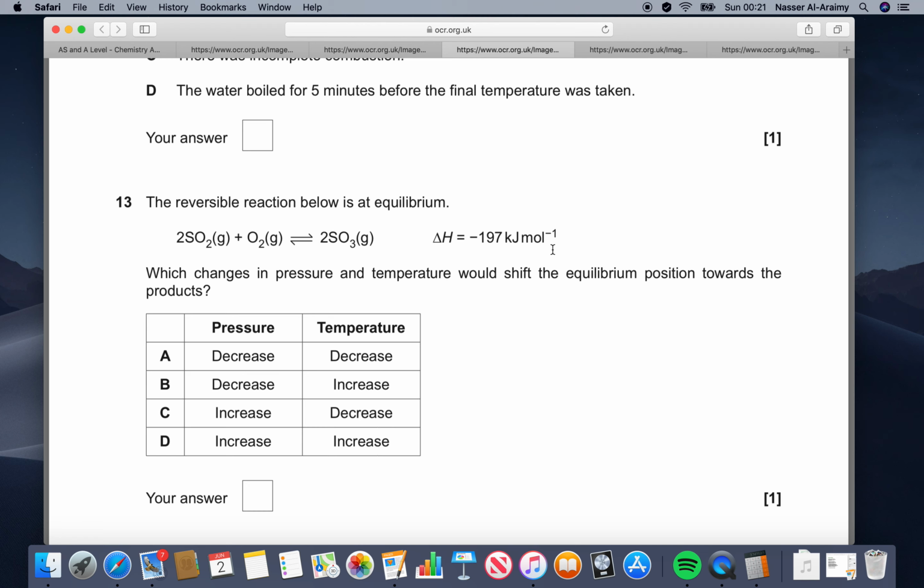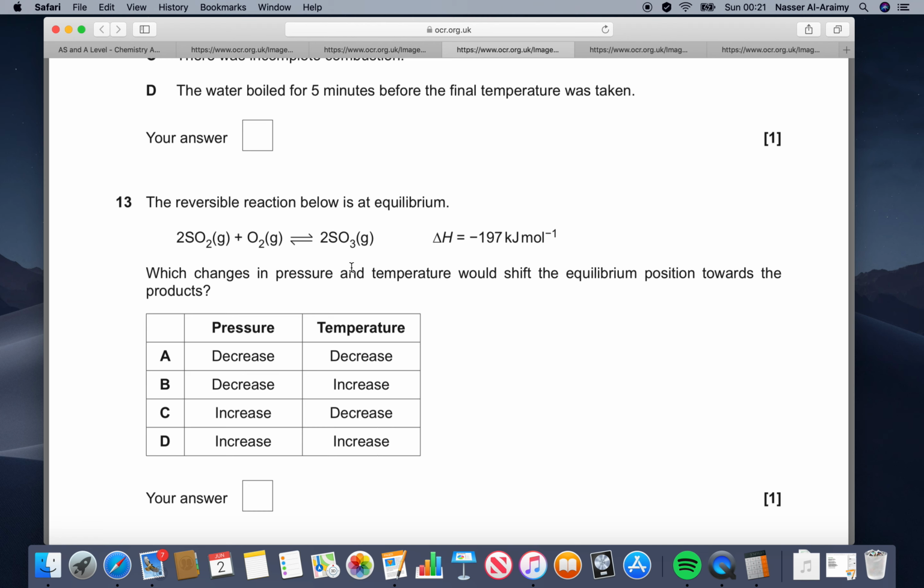And you've got to take that into account, your pressure as well. You've got to think about, rather than having two sets of molecules, you want one set of molecules. So you've got to increase the pressure as well to push it over there.